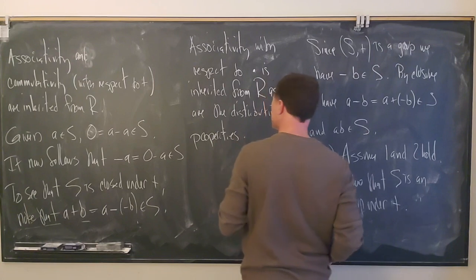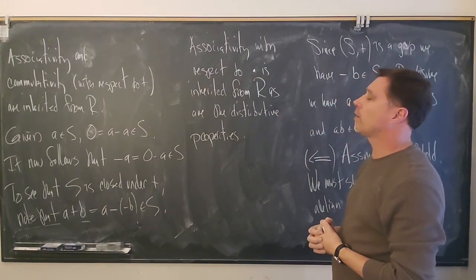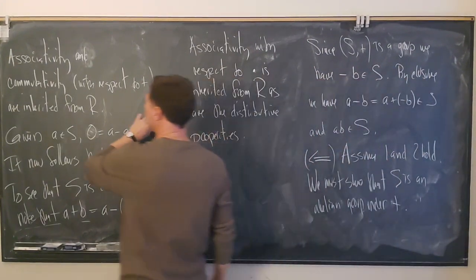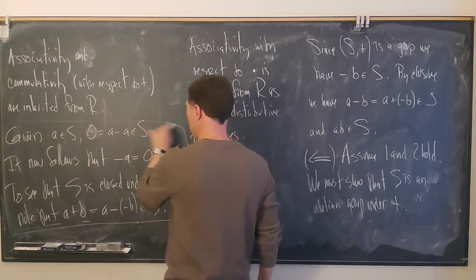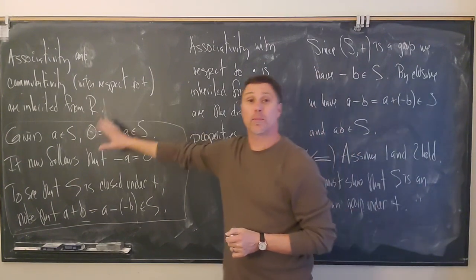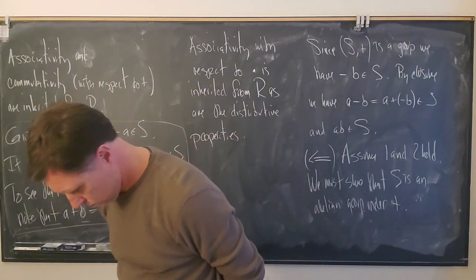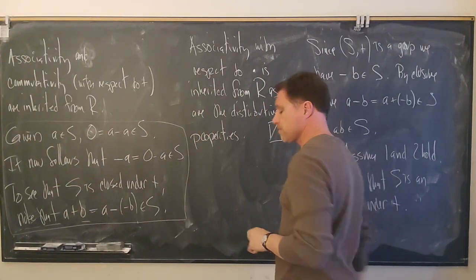So most of this stuff is inherited from R. So really then, the only thing that we needed to do was to check the group aspect with respect to plus, right? Okay, so that completes the proof.